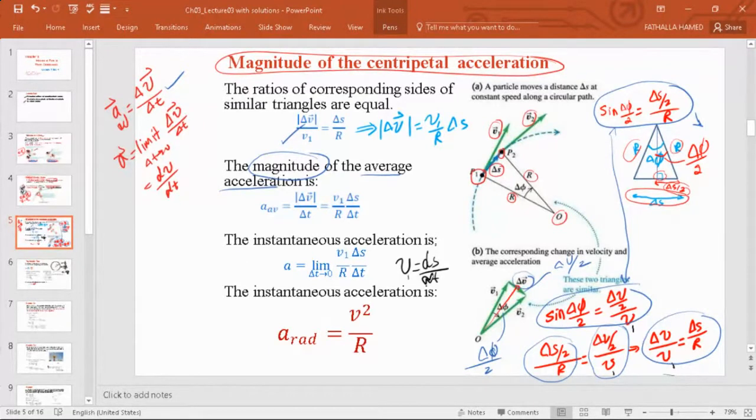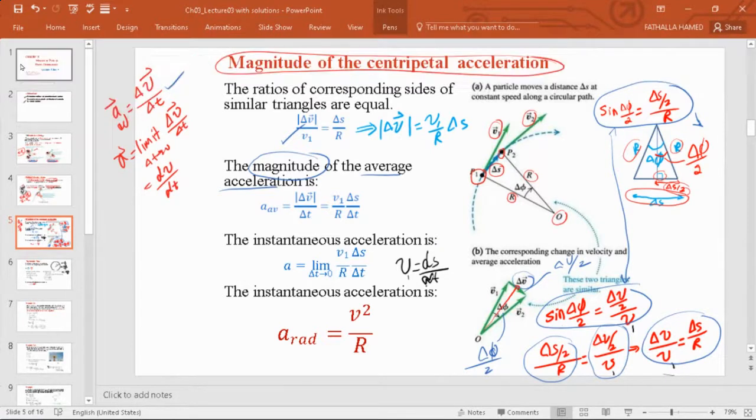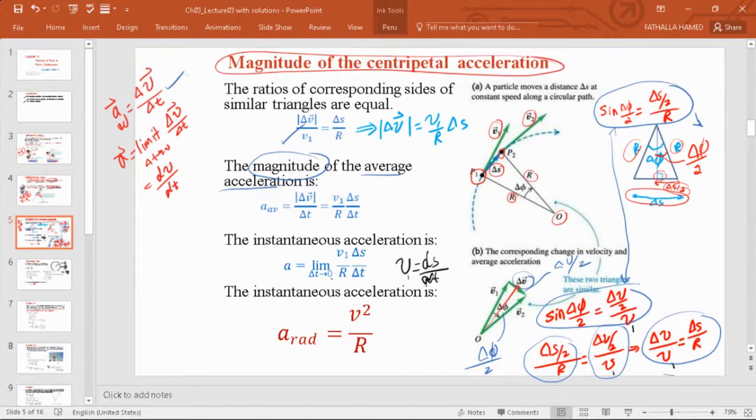Now, if I want to get my instantaneous acceleration, I will have to take it in the limit as delta T goes to 0 of V1 over R times delta S over delta T. V1 is the magnitude, which is the speed, and R is the radius of my circle, which is also a magnitude.